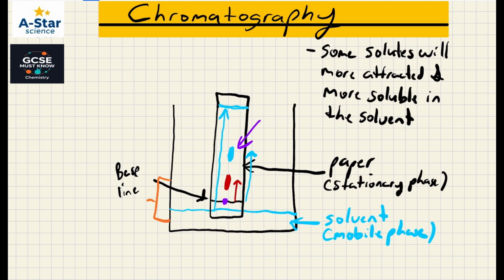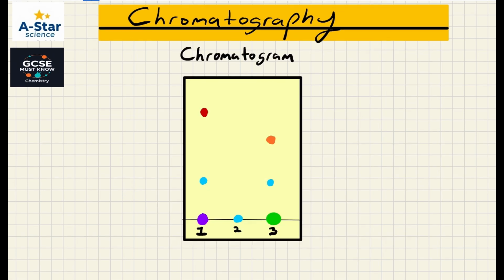Now let's look at an example. So let's look at a chromatogram to see how we can do an analysis from what you might see in an exam question. A chromatogram is the picture that you're left with afterwards after you do a chromatography experiment. So one of the first questions you might be asked in an exam is, which one is a mixture and which one is pure?